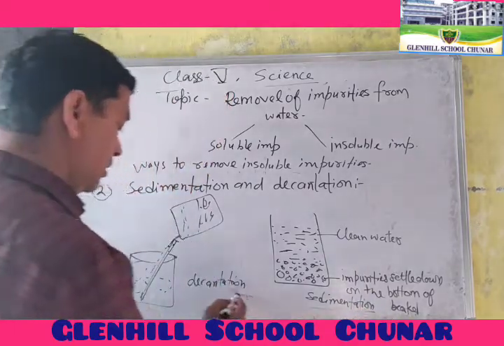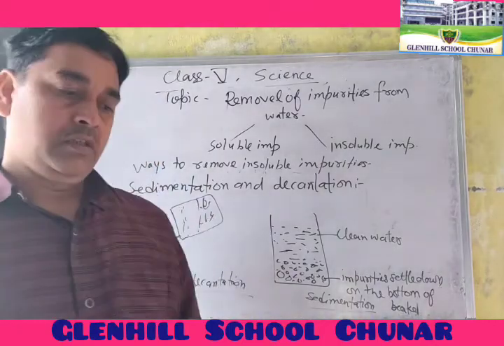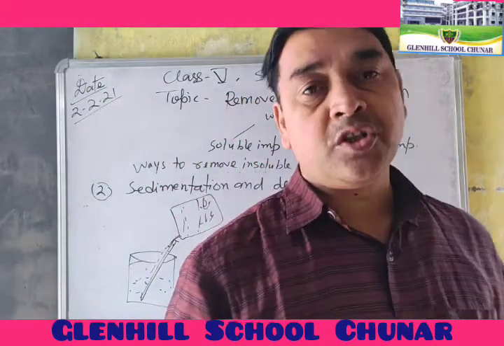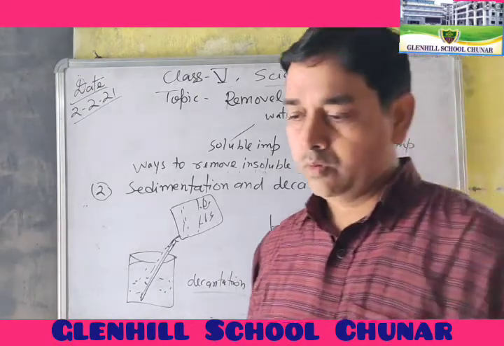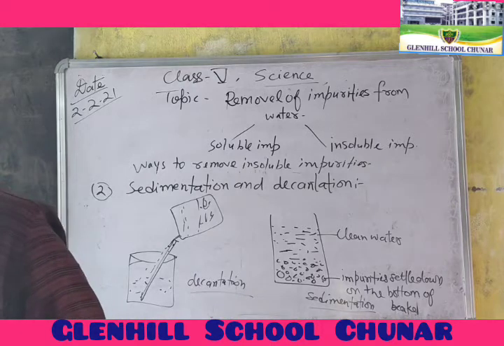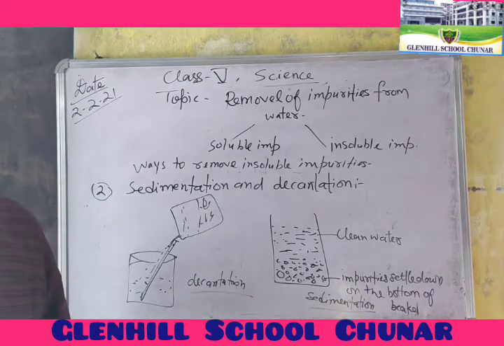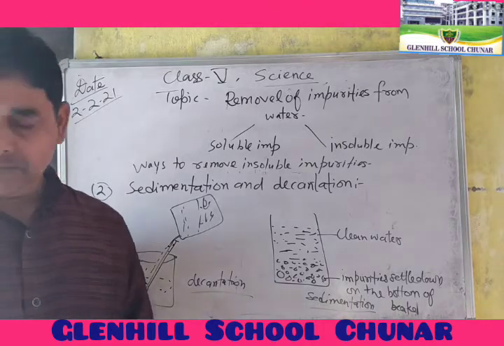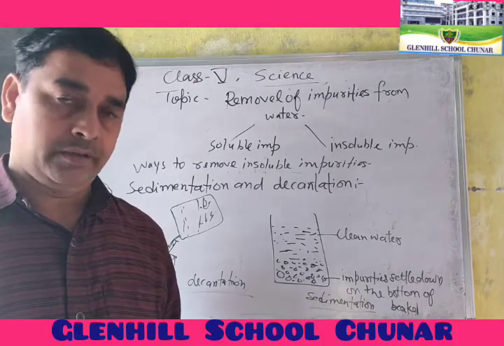Okay, students. So there are two processes by which we can remove insoluble impurities from water. The process of sedimentation is quite slow. It can be sped up by adding a chemical called alum, which in Hindi is called fitkari.